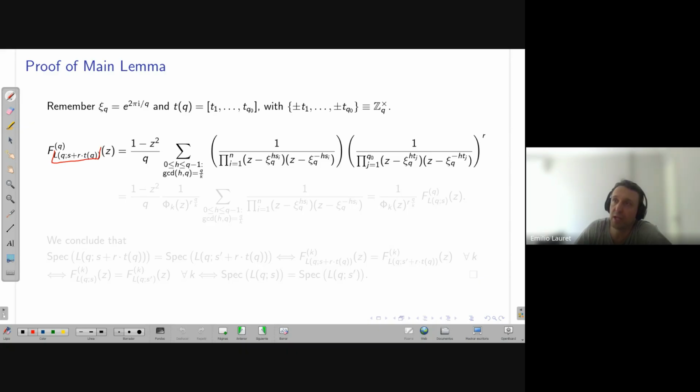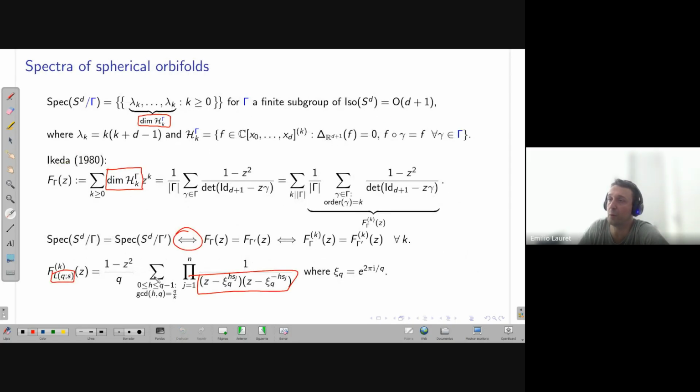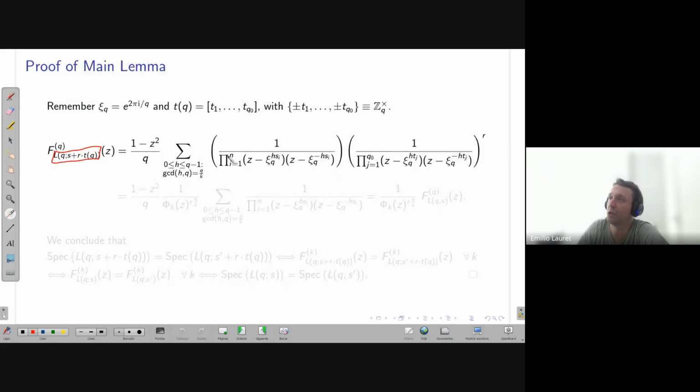Suppose you are with the lens spaces that you have already added these parameters, the concatenation of this strange sequence of numbers. Okay, remember this is a representative set of all units in Z_Q. So when you apply this formula for the lens space, you obtain this here.